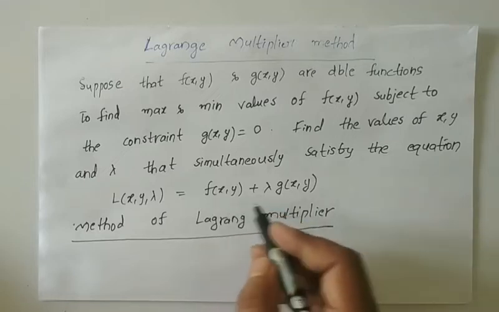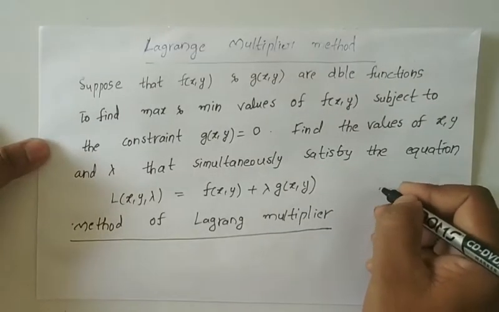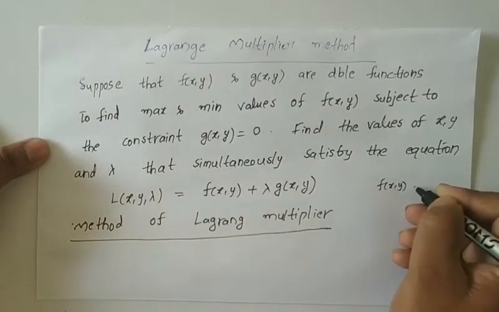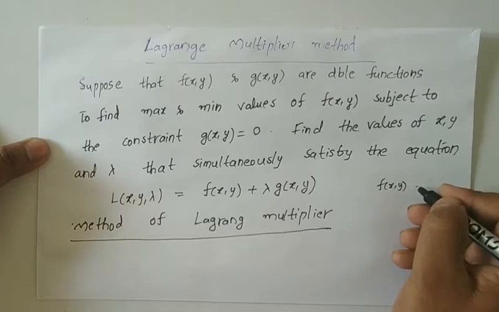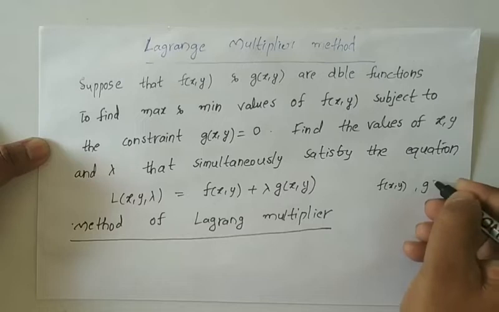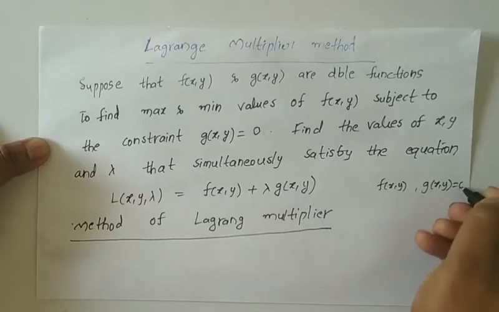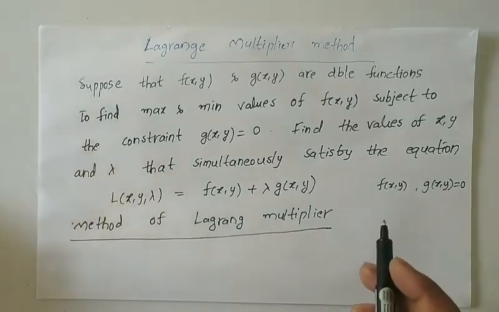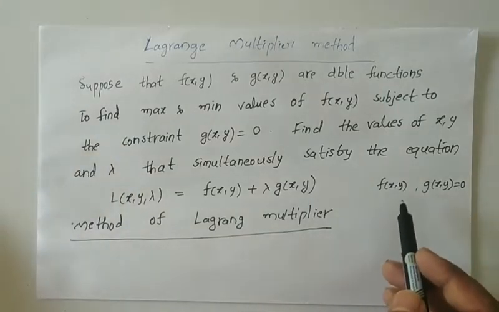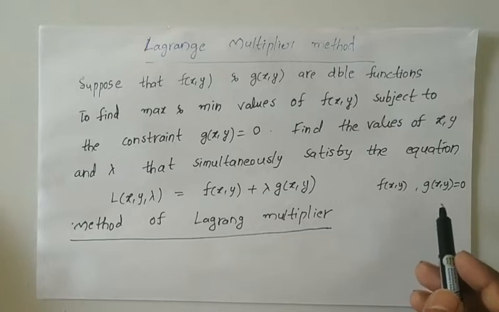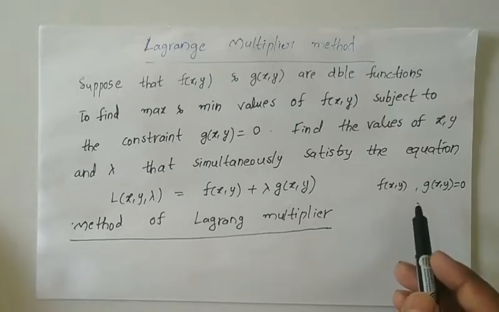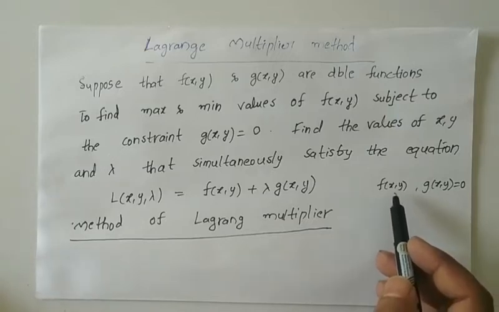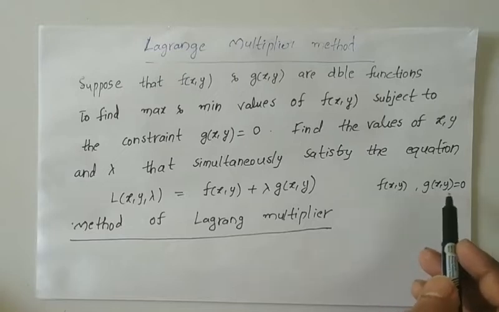So let us consider f of x, y be a two variable function subject to the constraint g of x, y is equal to 0. Here f of x, y is called the objective function and g of x, y is equal to 0 is called the constraint function.